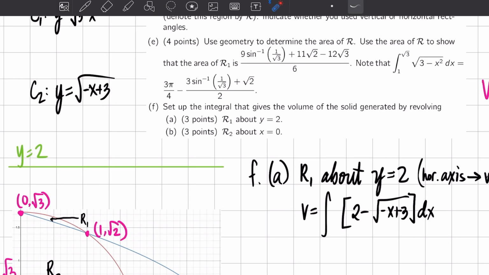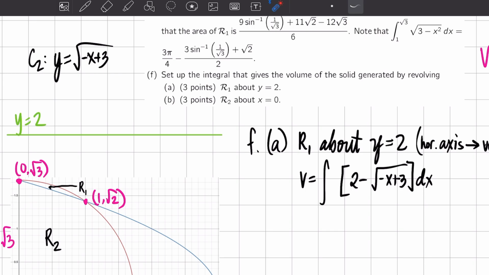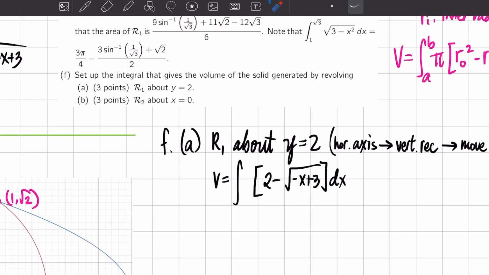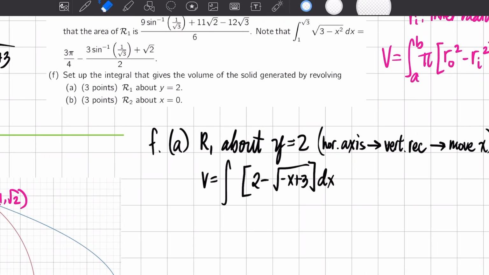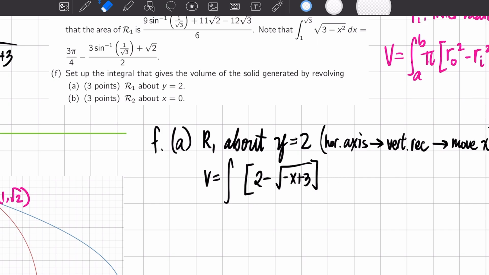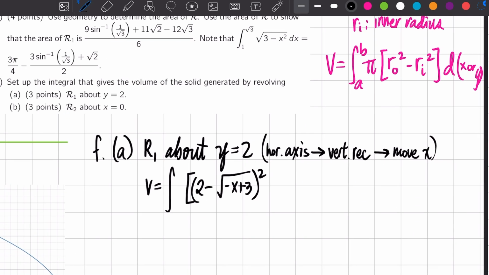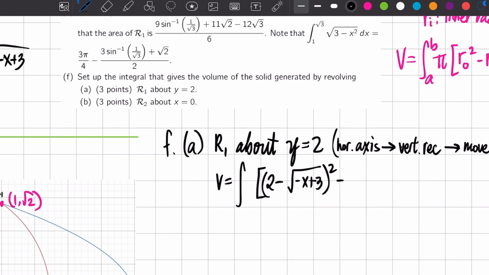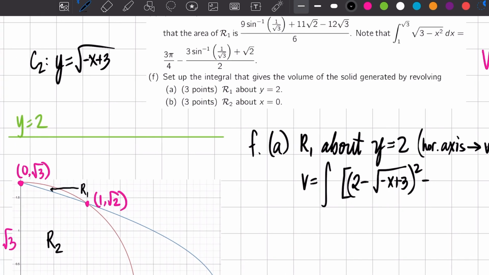And as for your bounds, oops, we are not yet done. Sorry about that one. So that's your outer radius. Okay. And we have to square this one. Minus the inner radius. So your inner radius would be from this red one right here to the axis.